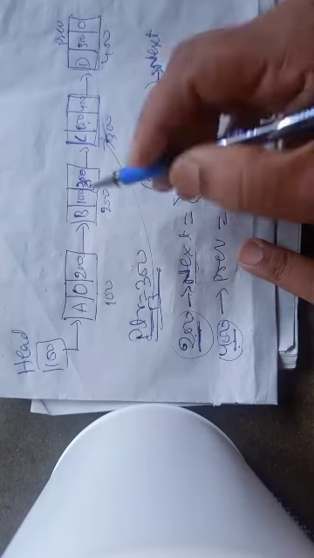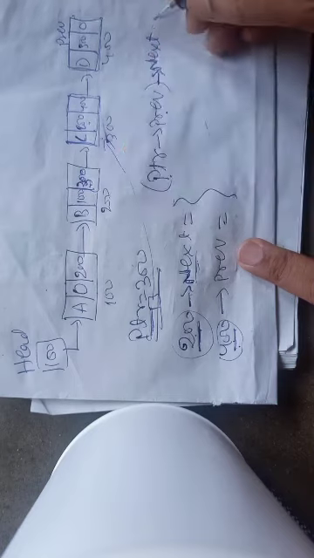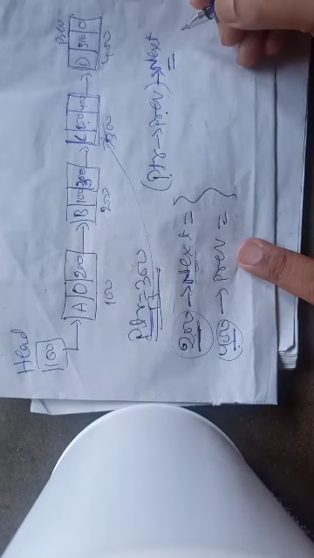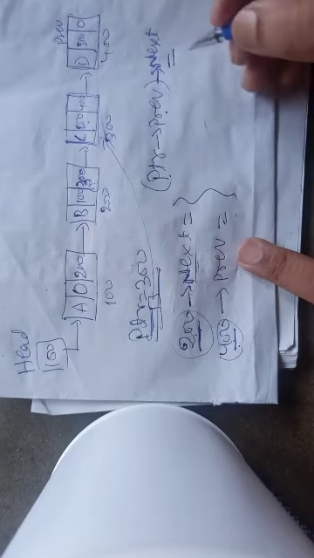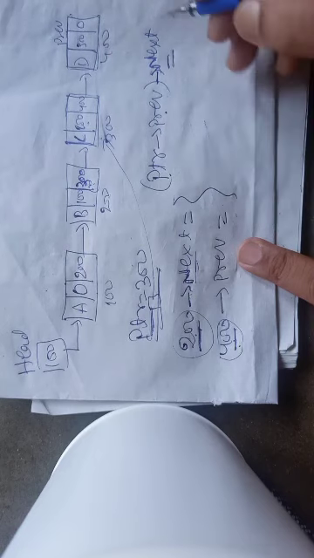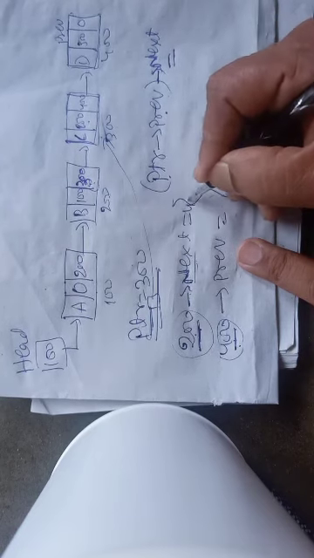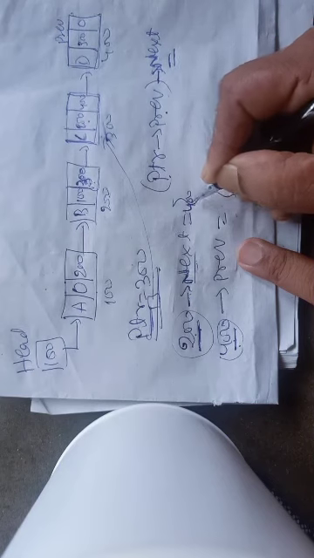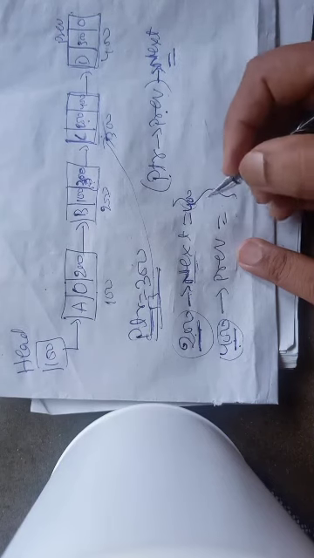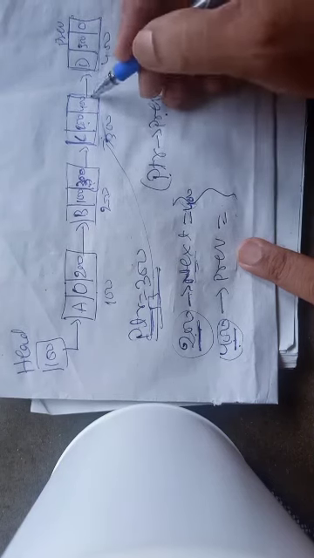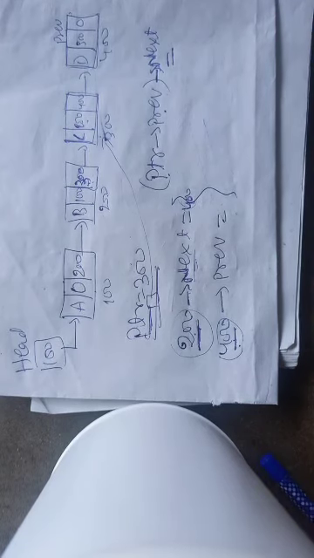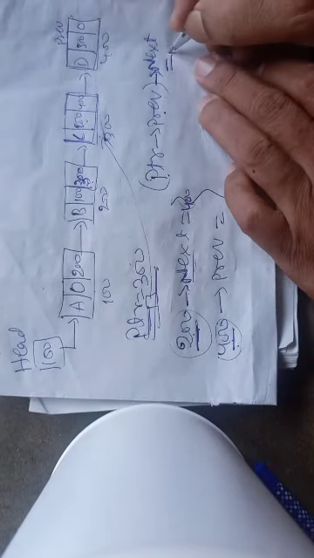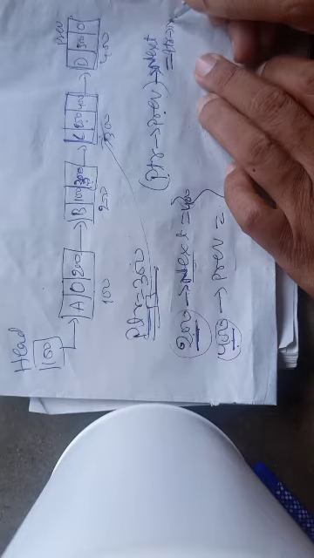So ptr of previous is 200, and next of 200 should be assigned with how much? 400. So how can I get 400? The 400 is stored in the next of ptr. So I should write ptr of next. So these are the two statements.